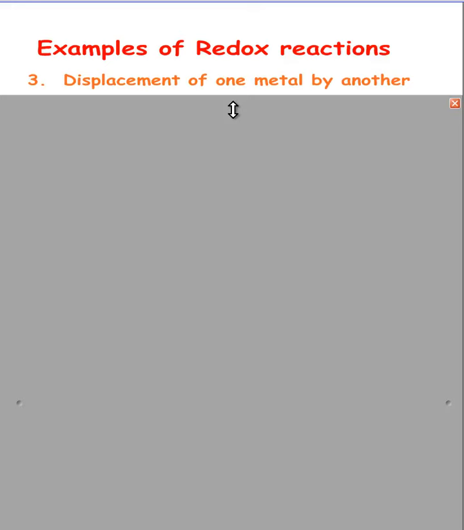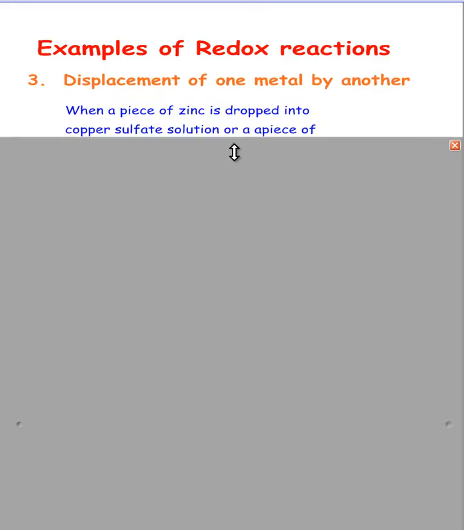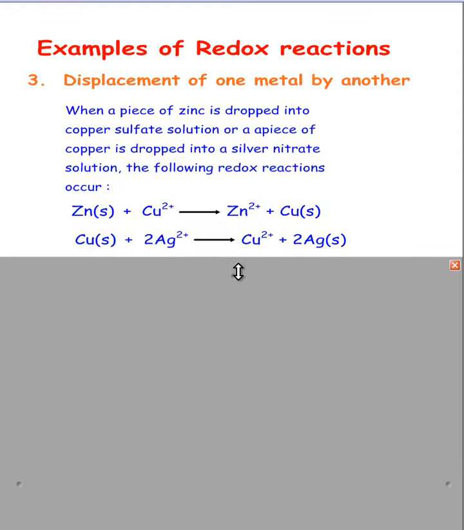Here is an example of displacement reactions, which are also redox reactions. If we put a piece of zinc into copper sulfate solution, or a piece of copper dropped into a silver nitrate solution, you get these reactions taking place. A displacement of one metal by another.